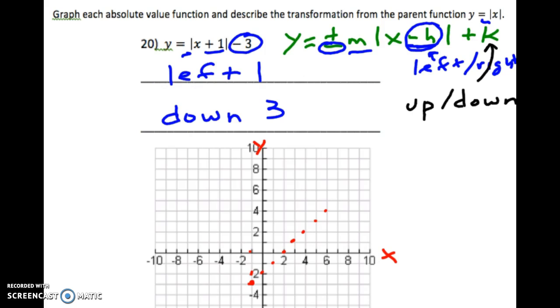So we go up 1, right 1 on the right side, up 1, left 1 on the left side. Sketching our graph, and there we go.